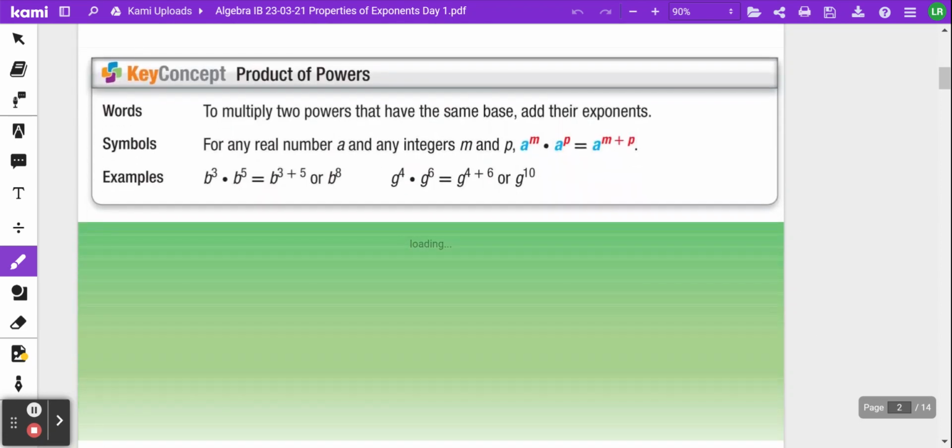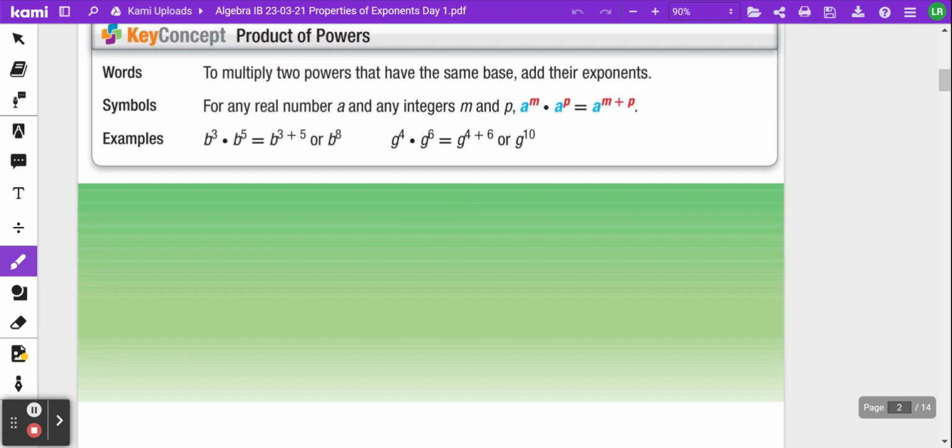Properties of exponents. So here's the first property we're going to focus on, and it's a multiplication property. So you see all these words up here, the general rule. We look at this problem right here: b to the third times b to the fifth. Remember a couple details.